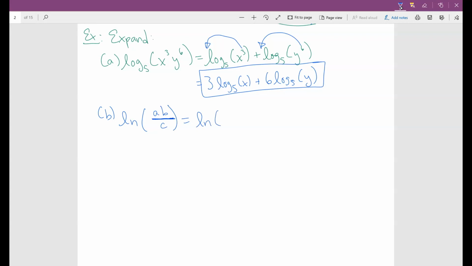So the fraction is going to turn into subtraction. So it's the first guy and then minus the denominator, ln of c. And now this guy, you have a multiplication, so you're going to break it up further. ln of a, this is an addition, ln of b minus ln of c. And this will be the answer.